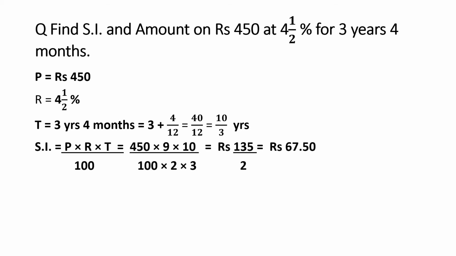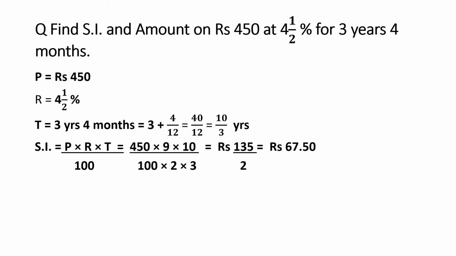Now simple interest, P into R into T by 100: principal is 450, rate 9 by 2, time 10 by 3, by 100. When you solve it, you will get rupees 135/2, that is equivalent to 67 rupees 50 paisa. Now you have calculated simple interest for that particular rate of interest and time.